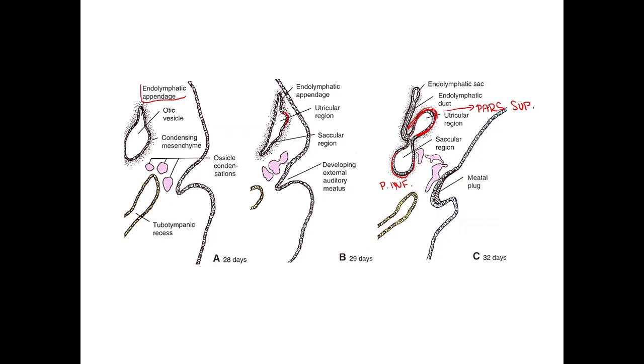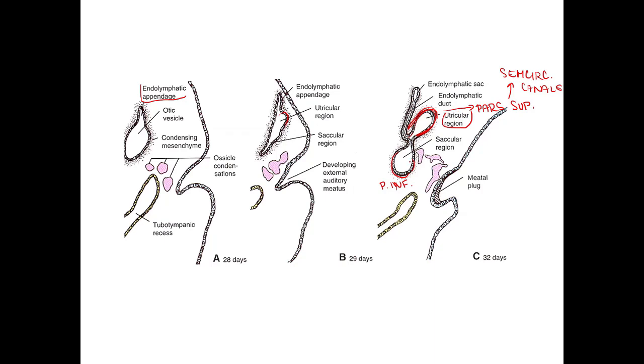The pars superior will, once again, transform or differentiate into 3 semicircular vesicles, channels or canals. Yes, this pars superior will give rise to semicircular canals and the auricular region.